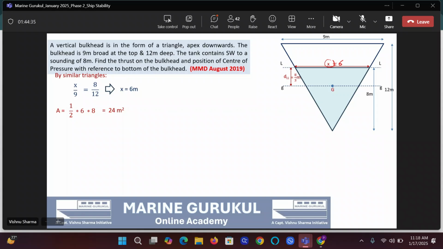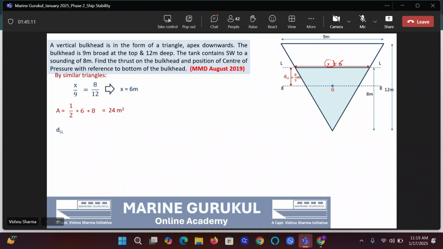Okay. And what is the area? Immersed area, 24. So you can get thrust now. Tell me the answer quickly, multiply on your calculator. 65.6, sir. Units of thrust. Ton. Very good.